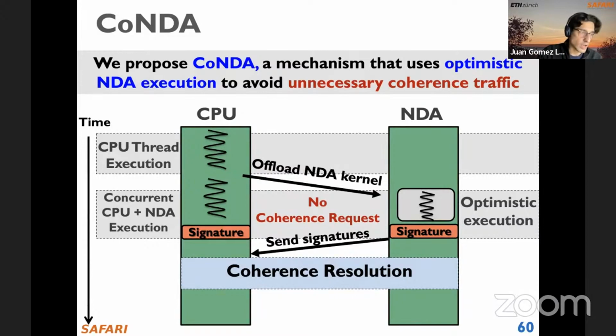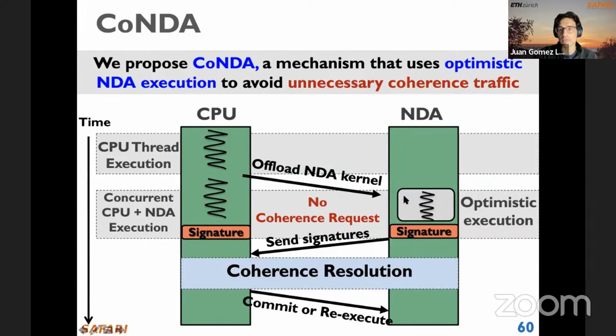This is why we have this coherence resolution stage, where the CPU decides if the optimism was good or not. Based on that, it will either commit, giving the execution on the PIM side as completed, or re-execute, meaning that things didn't go well and we need to cancel the previous execution on the memory side and then re-execute with valid data.